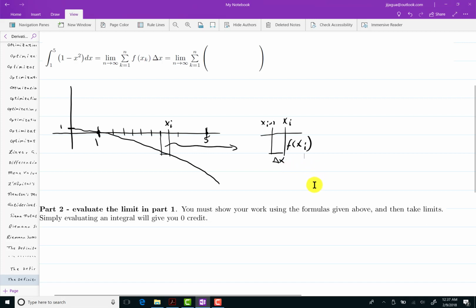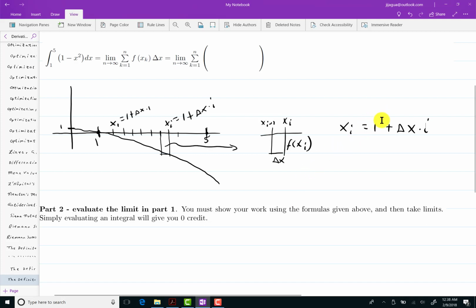So what is x sub i? Well, if you take a look, x sub 0 is 1. Then x sub 1 is equal to 1 plus delta x times 1. So x sub i equals 1 plus delta x times i.